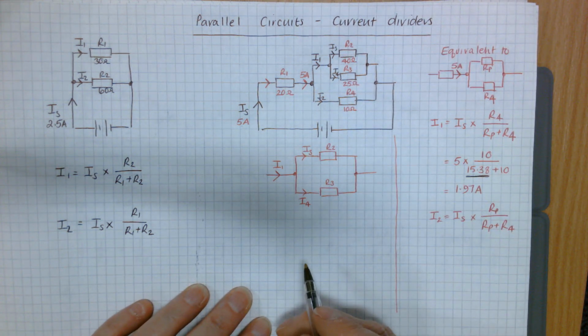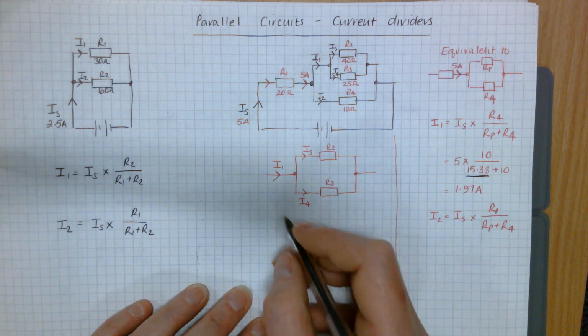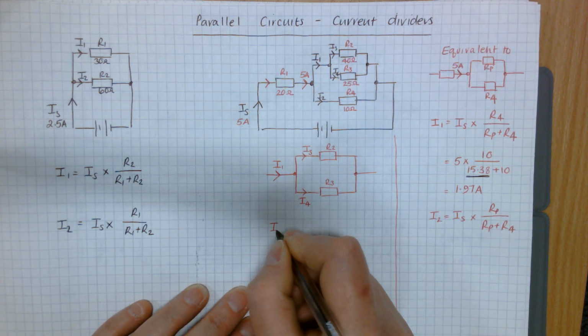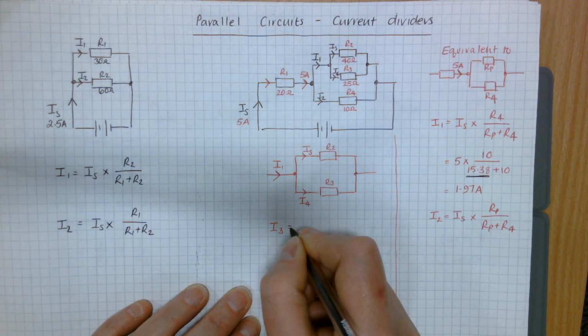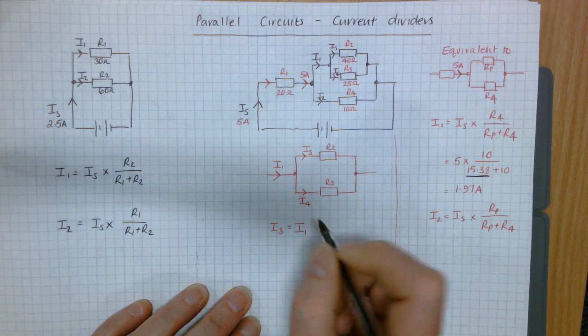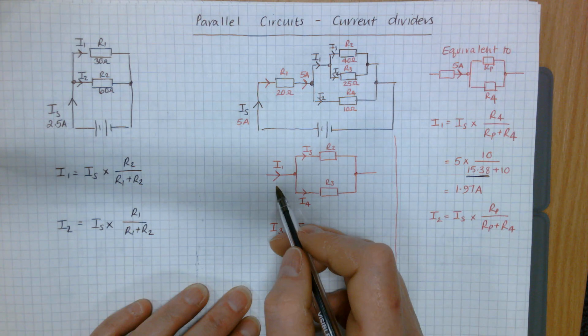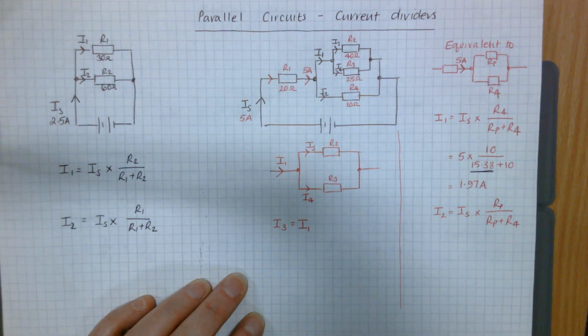And then you'd base your next current divider on that. So when you go to do your current divider for I3, the current you're dividing is I1. That's the current before the junction, not IS. So I1.